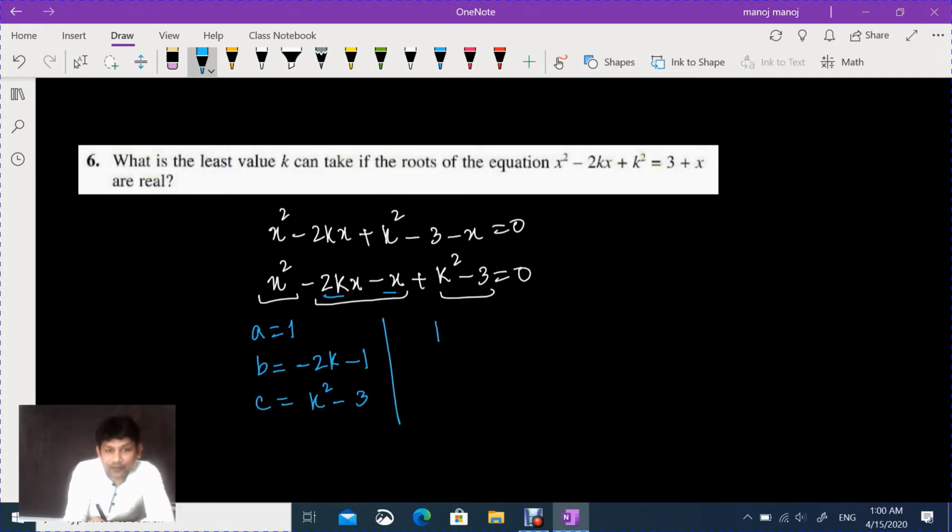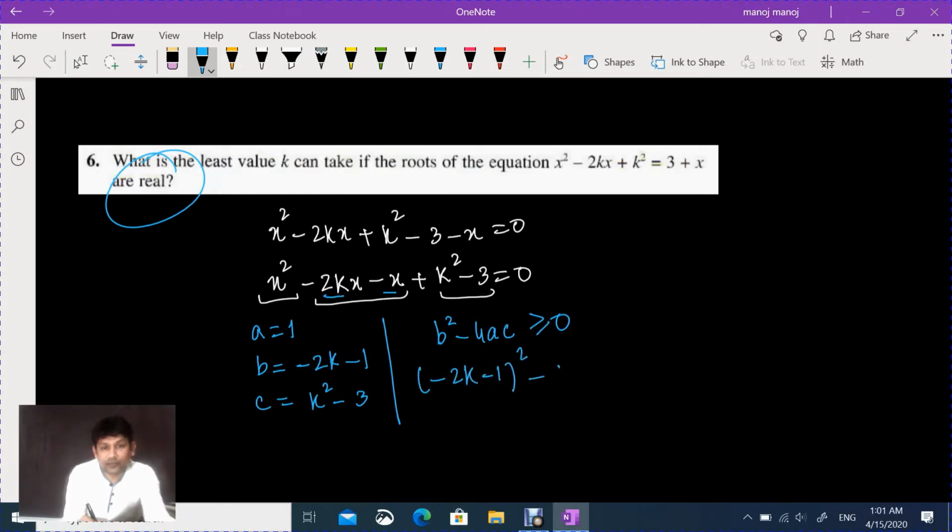Real means b² − 4ac, only real roots, greater than or equal to 0. Real distinct and real equal are not given, so it's only real, we have to write greater than or equal to, and that's a very important condition. In exams we have seen this situation, b² with this form.